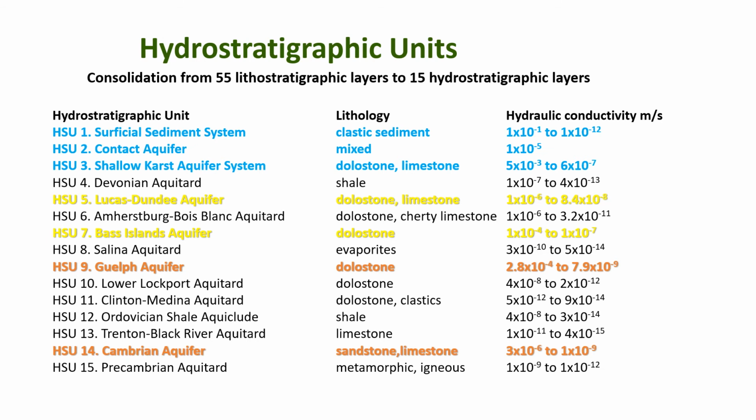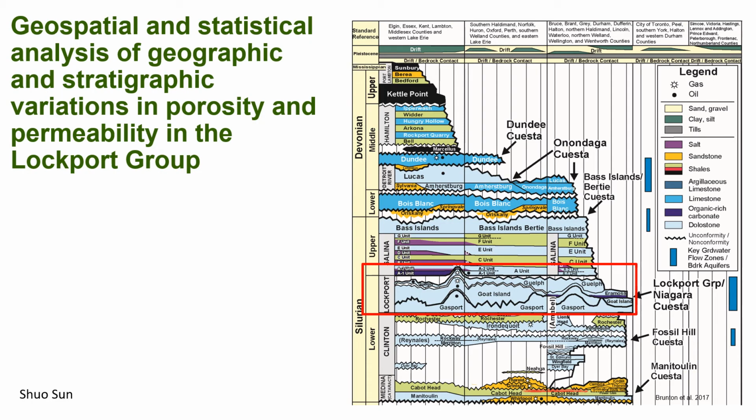There is no diagnostic or cutoff value for determination of an aquifer versus an aquitard. Rather, it is the relative values and the recorded occurrence or non-occurrence of water within these formations as recorded in petroleum well records.